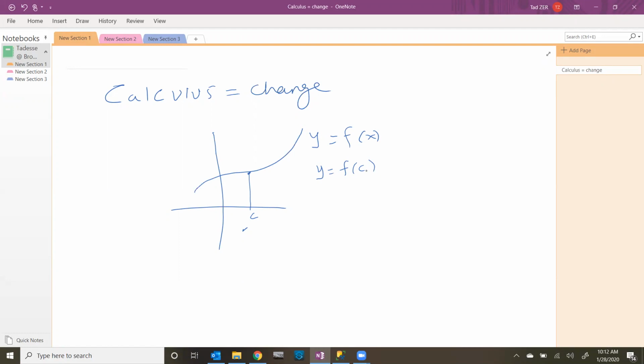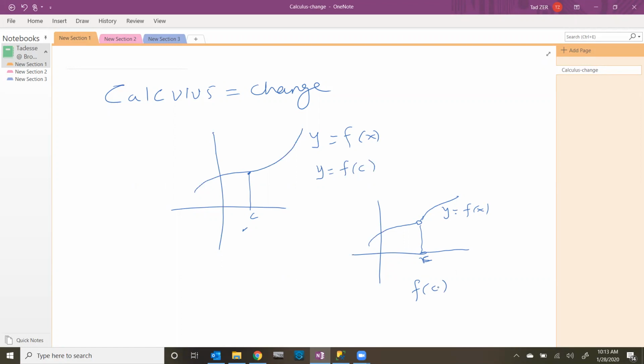What if I ask you, this is y equal to f of x. Now, as you can see, at x equal to c, this function is not defined. So we cannot talk about f of c now because it's not defined. So the question becomes what?